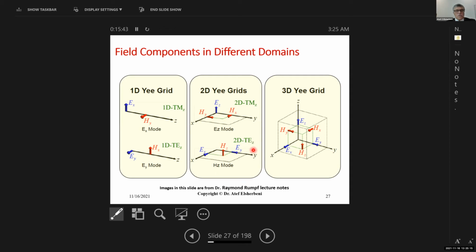In the TE to Z, I'm going to have Hz and Ey and Ex. The same way you can reduce the two-dimensional problem into a one-dimensional problem. In each one of them, you are going to have only two field components to solve. But you have the solution for the three-dimensional problem, and it's very simple to reduce it to two dimensions and one dimension.